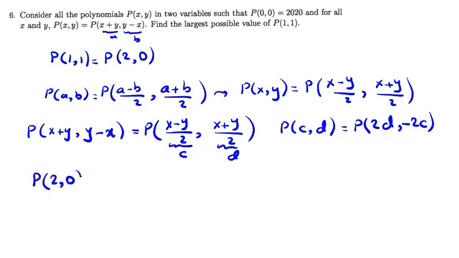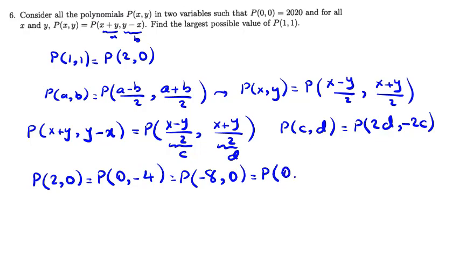p(2, 0) equals p with d as 0 here, so 0, and negative 2d is negative 4... again, we use this. p of (2d, negative 8) and negative 2c, which will be 0, equals p of here, c, d, 2d, 0, negative twice the first one, 16.